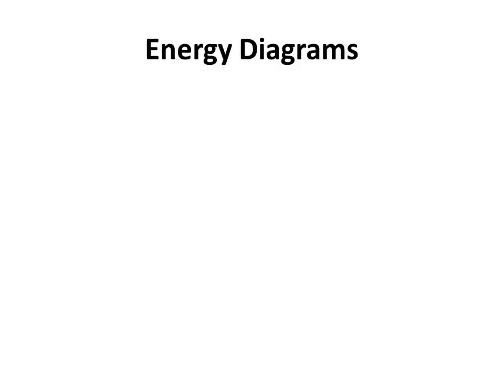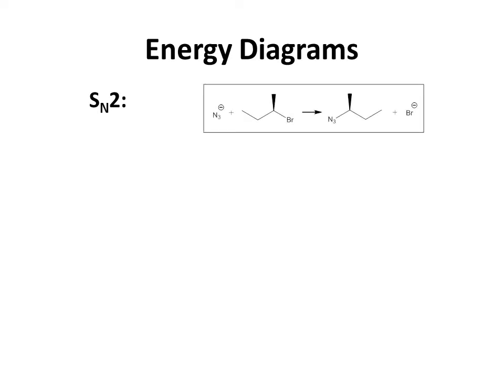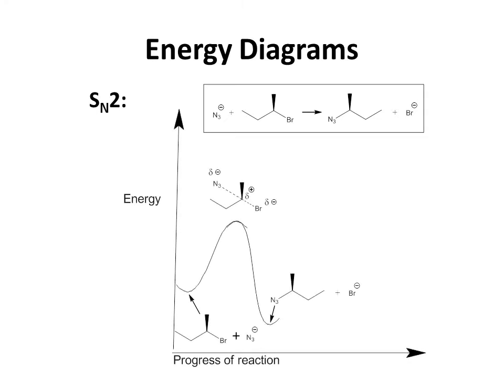In the energy diagram of an SN2 reaction, we'll use the example reaction of azide anion, N3-, reacting with the secondary alkyl halide, in this case a single enantiomer, to form the inverted product and bromide. So now in our energy diagram, azide has to come from the opposite direction of the carbon-bromine bond.